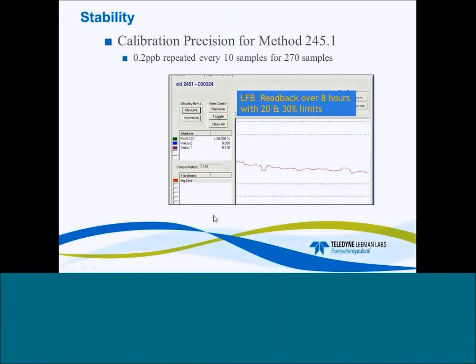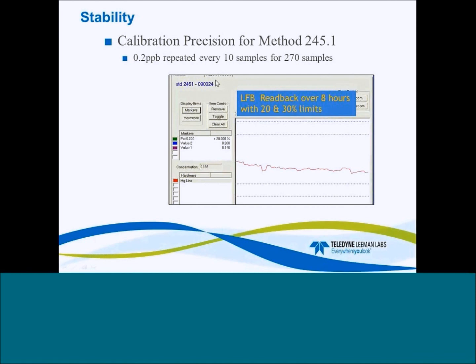The other side of that fast sample cycle is that we get very good stability because we're reestablishing the baseline between every reading. We actually can look at lower limit precisions. Typically, the report limit for 245.1 is 0.2 part per billion.